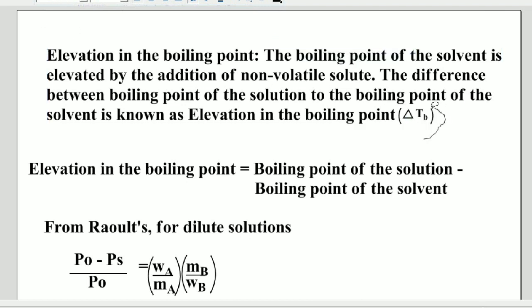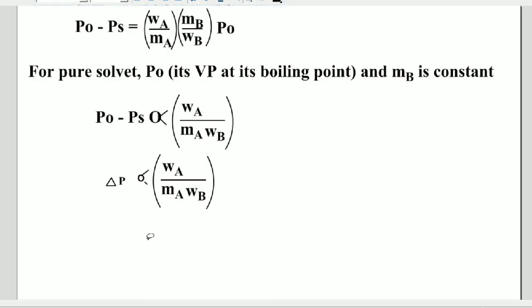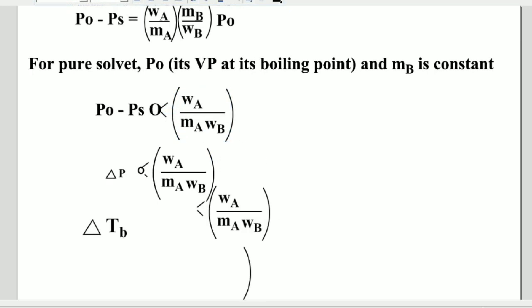As lowering of vapor pressure is directly proportional to WA by MA into WB, delta TB is proportional to delta P, which is proportional to WA by MA into WB.